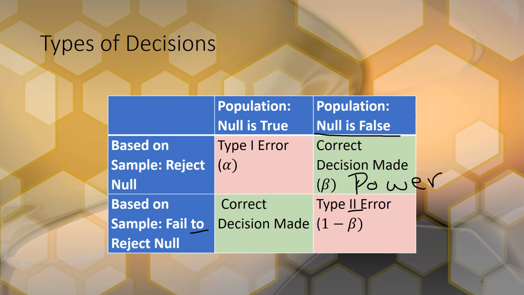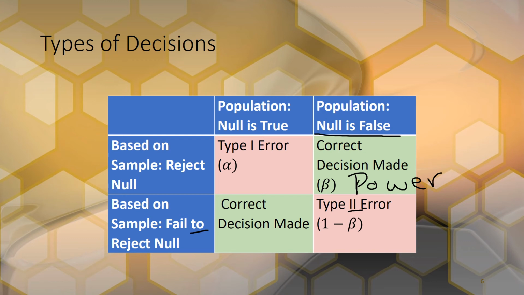So the null is false. So the research hypothesis is really true, and that's what the reality is in the population. But based on our sample, we fail to reject the null. We don't find enough evidence to find a significant finding. So we make a type 2 error.